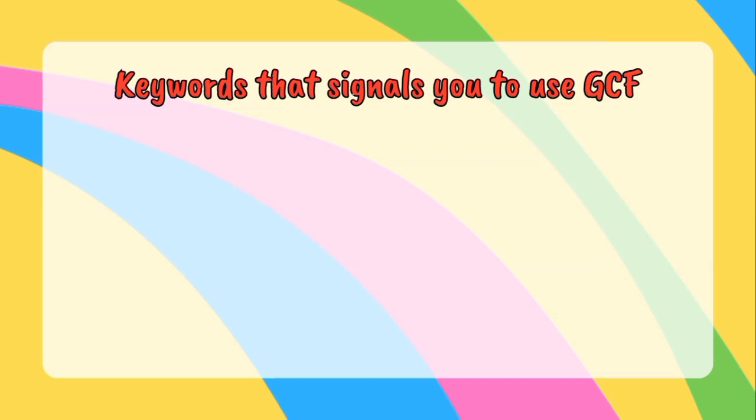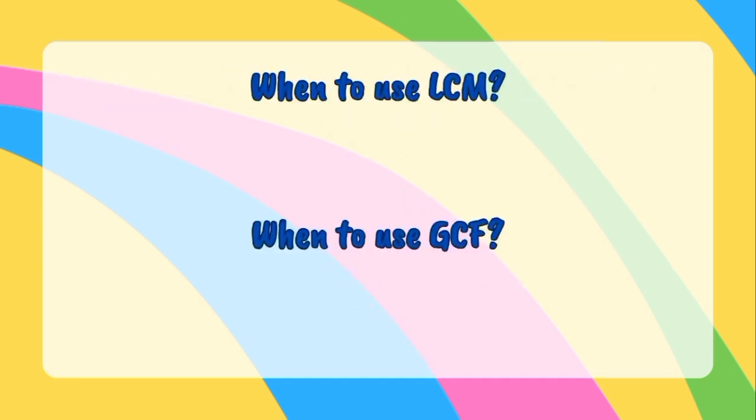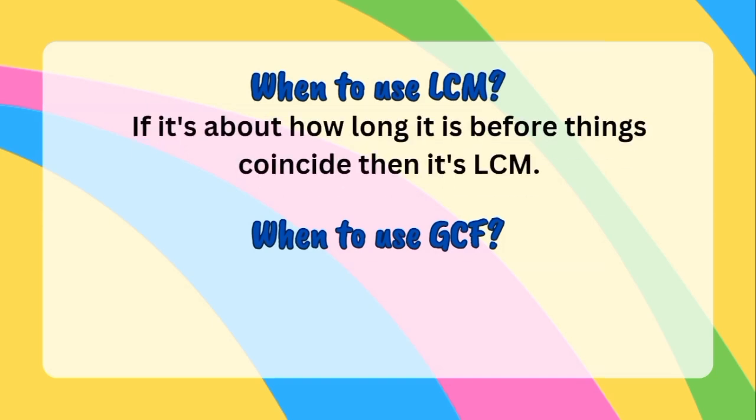The keywords that will signal to you to use the GCF are greatest, largest, maximum, dividing something, cutting something in pieces, and divide equally. So, in summary, in simple words, when to use LCM: if it's about how long it is before things coincide or happen again, then use LCM.